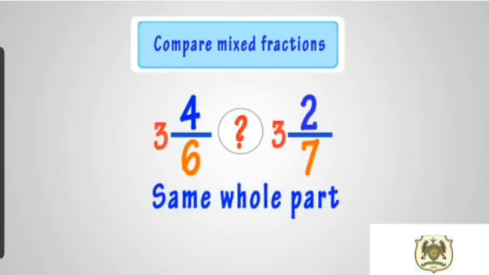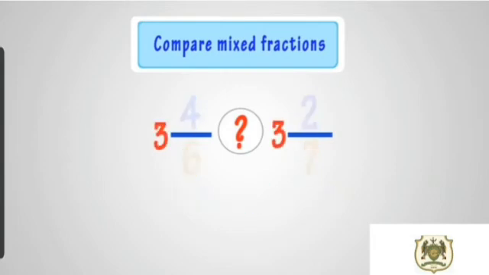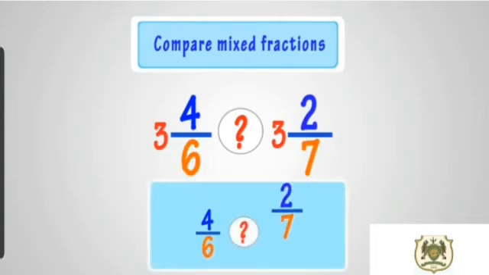Here the same whole parts are given in the next example. 4 upon 6 and 2 upon 7 are the fraction parts I need to compare, but these are unlike fractions. So let us convert only these into like fractions and compare. So children, there are two methods of finding the comparison.